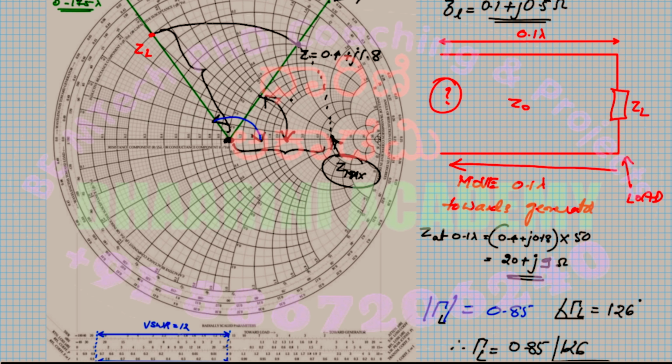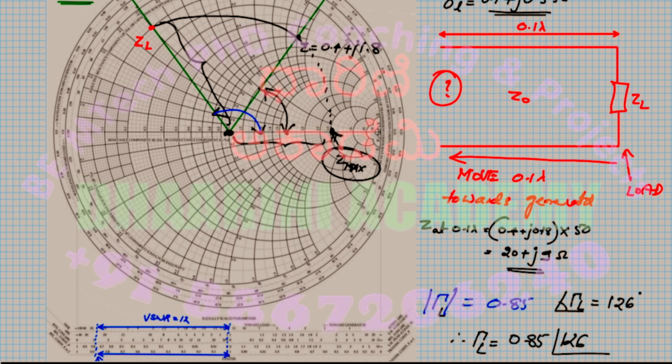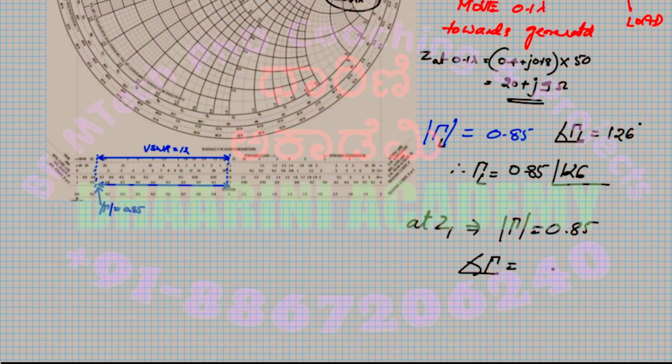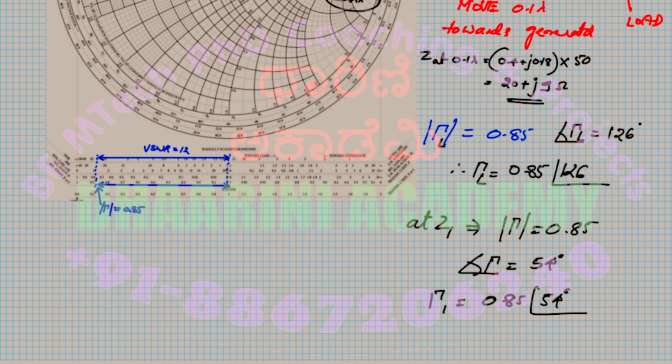It is 54, so I can write here the angle is equal to 54 degrees. So gamma 1 is equal to 0.85 at an angle of 54 degrees. That's all. So we could answer that question completely.